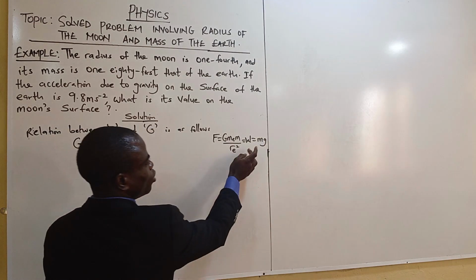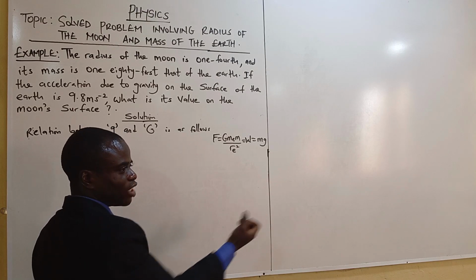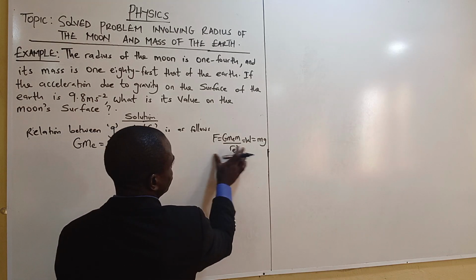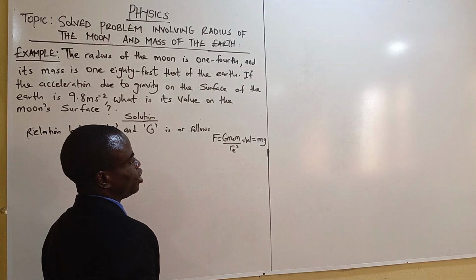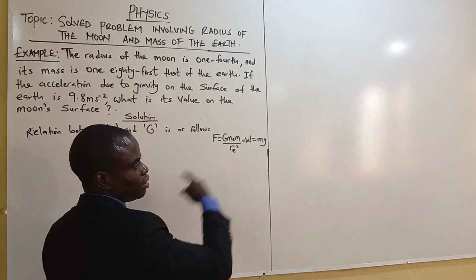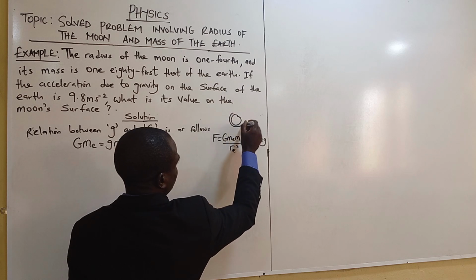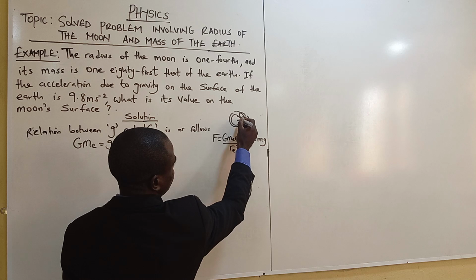You have to relate the weight of the object, which is the satellite, with the gravitational force of attraction that makes them stay together. For example, the astronomical body, which is the Earth, with the satellite as it's revolving around the Earth. There's a gravitational force that is holding the mass of the object, which has its own weight, and this is the Earth also.